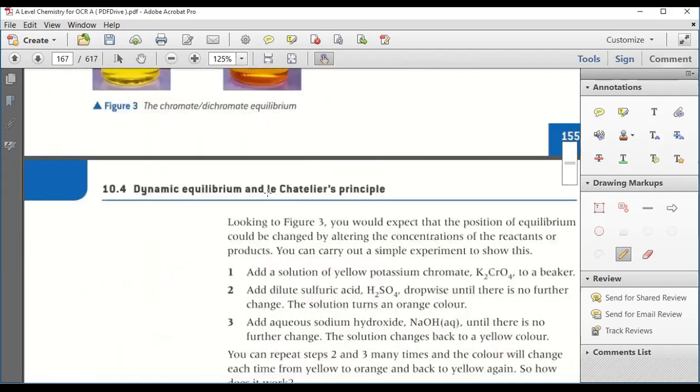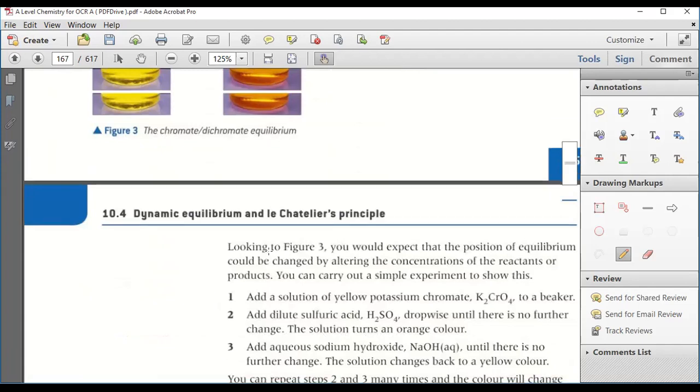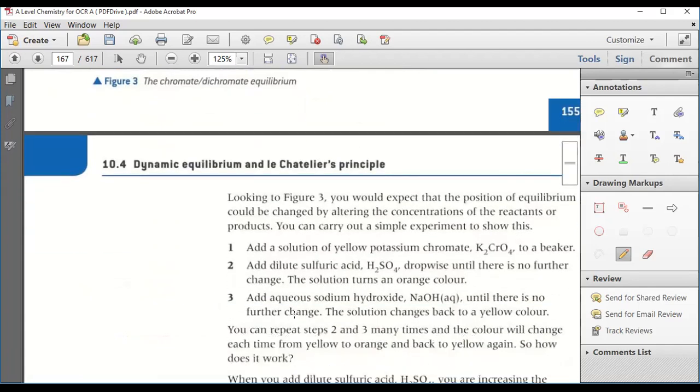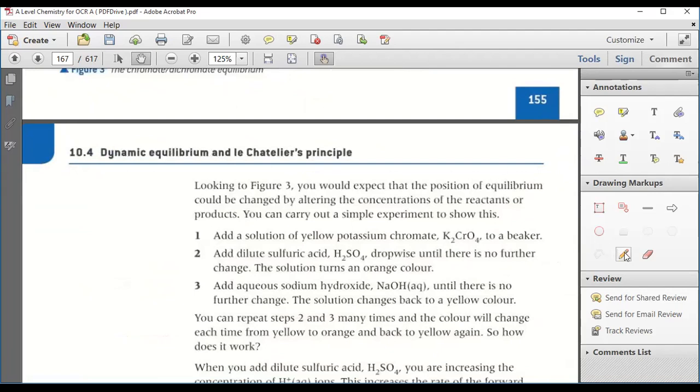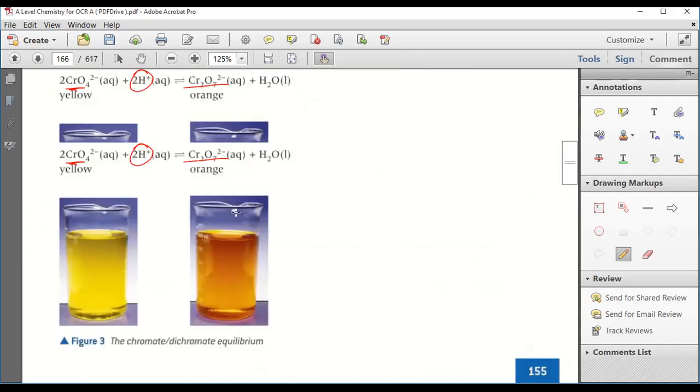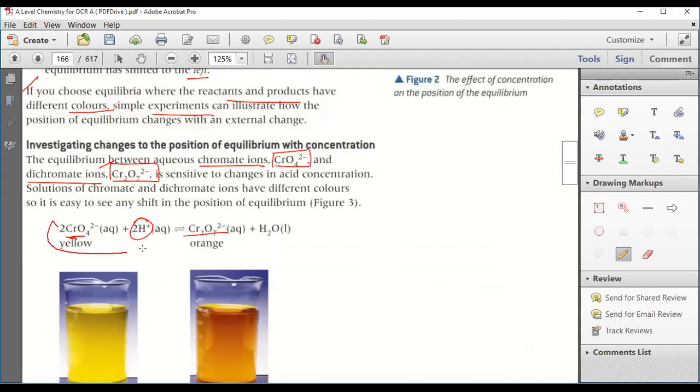Now, how does this happen? Look at figure 3. You would expect that the position of equilibrium could be changed by altering the concentration of reactant or product. This is reactant and this is product.